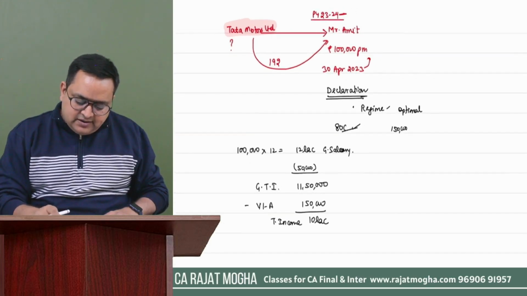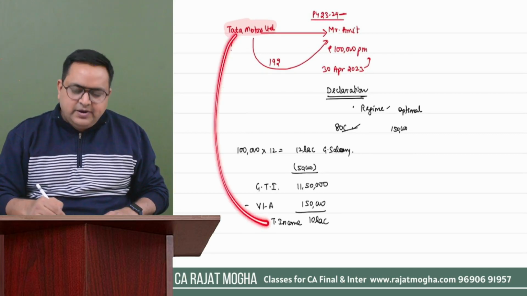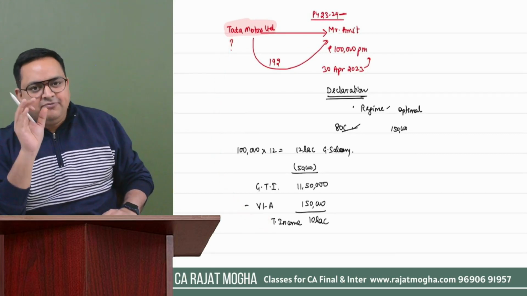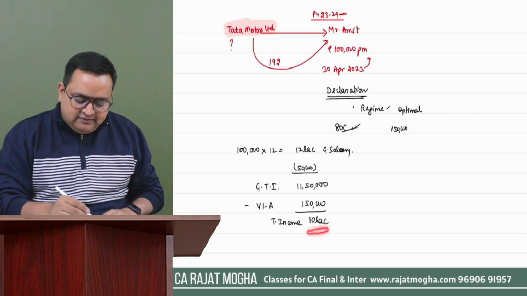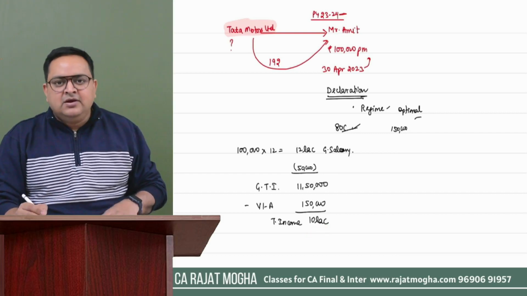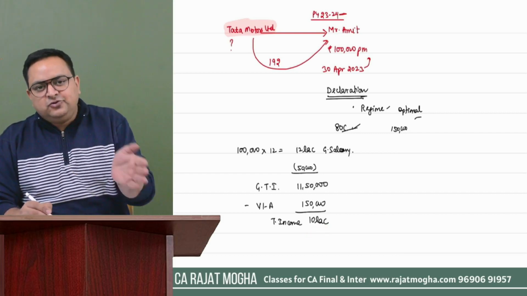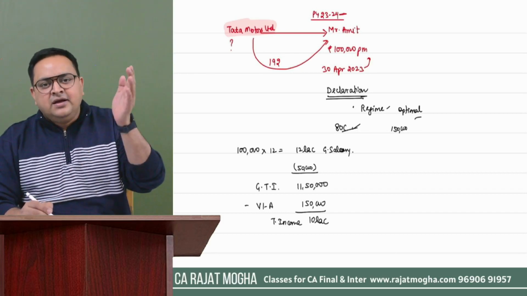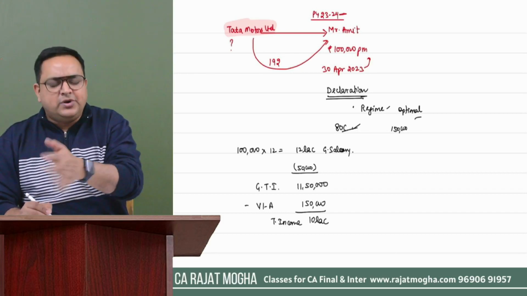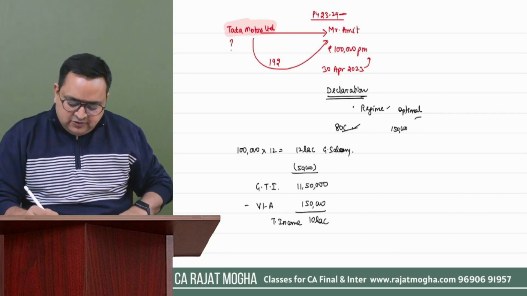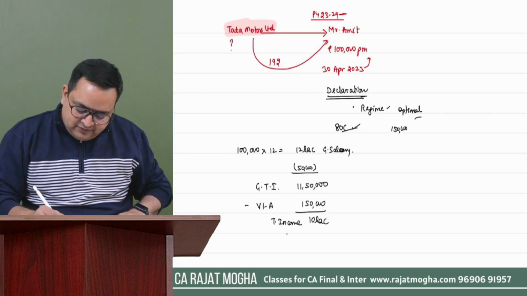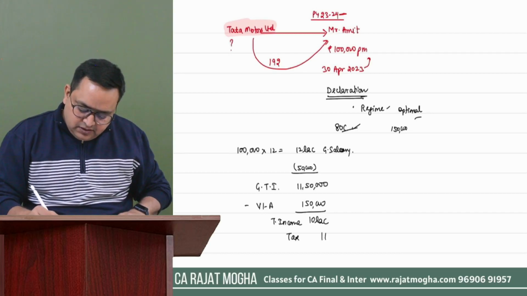On 10 lakh, Tata Motors will calculate a provisional tax as per the optional scheme. On the first 2.5 lakh nil, next 2.5 lakh 5%, next 5 lakh 20%. You apply those rates, and the tax will be 1,12,500.